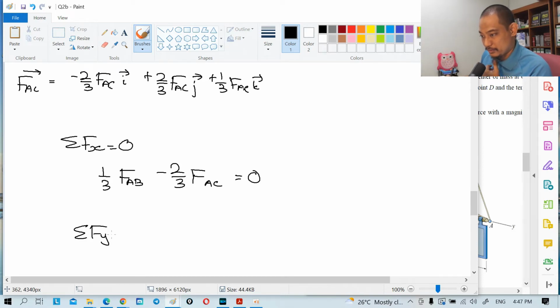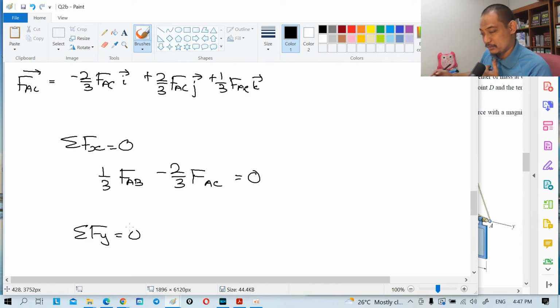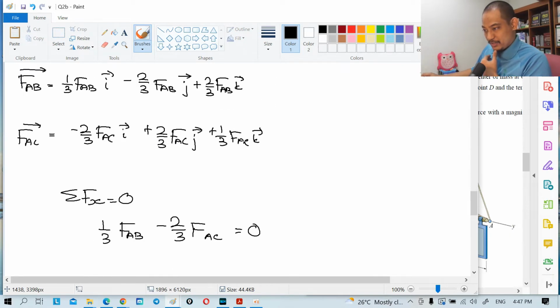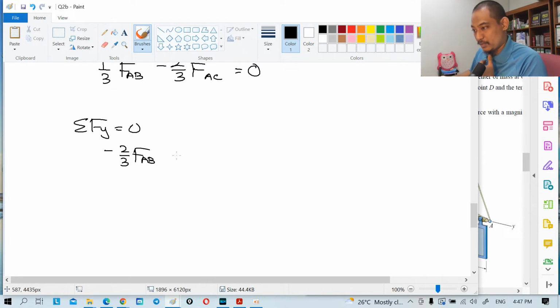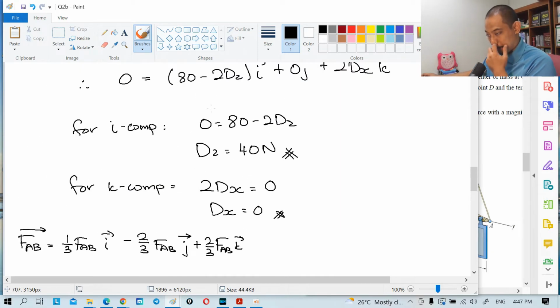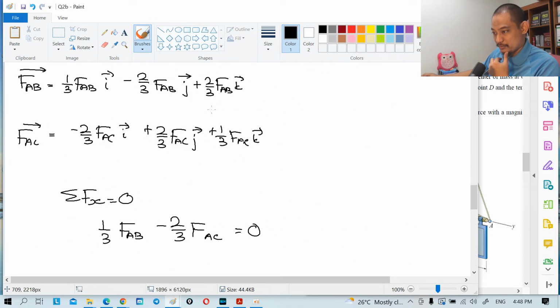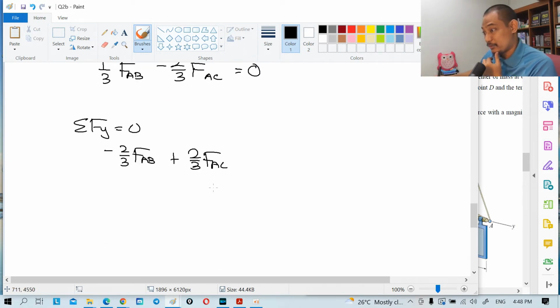Summation of Fy equal to 0, so we'll have minus 2 over 3 FAB, minus 2 over 3 FAB, plus 2 over 3 FAC, plus 2 over 3 FAC. Summation of y, dy we do not know yet, so this one is not solvable, plus dy equal to 0.